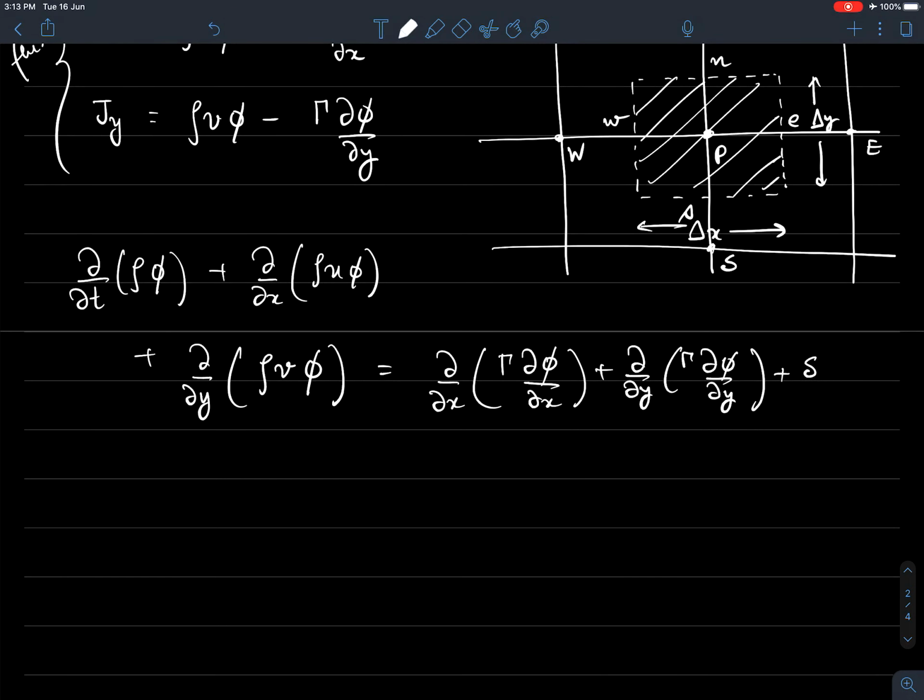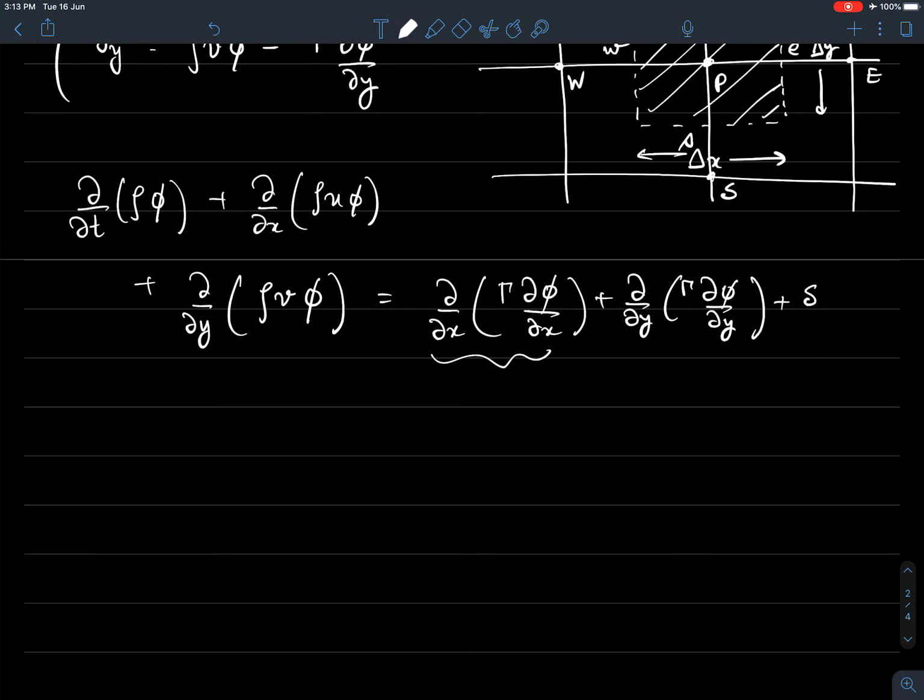Note that I'm actually now trying to work out the methods for the transient problem. I can rewrite this equation by pulling the diffusion terms to the left hand side and combining with the convective terms.